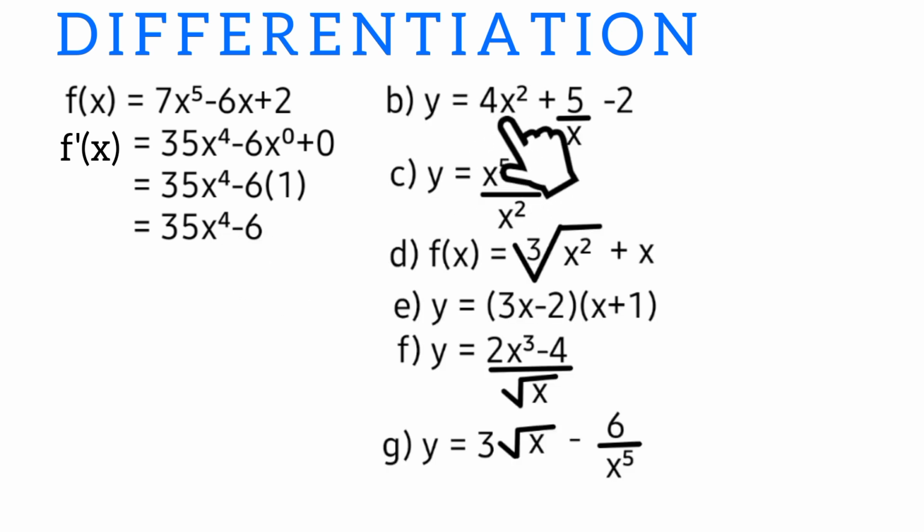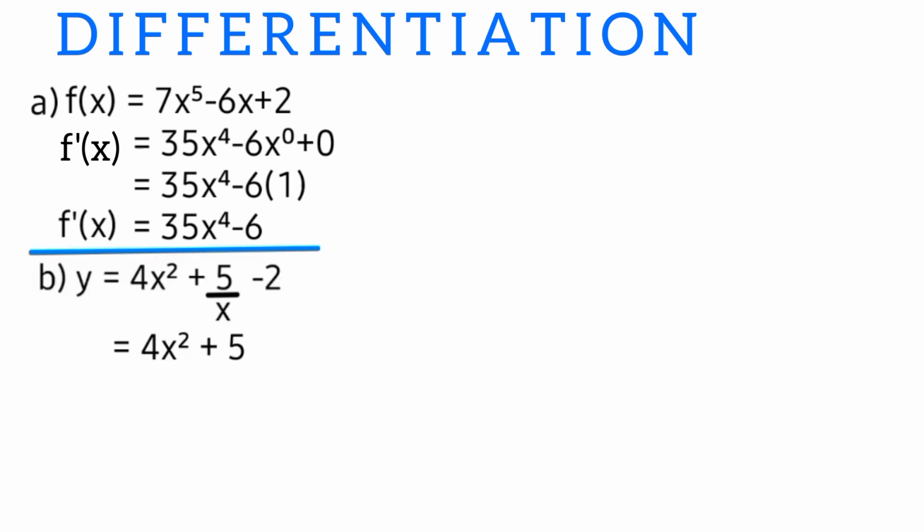B says we should differentiate 4x squared plus 5 over x minus 2. So we have 4x squared plus 5 over x. The power of x on the denominator level here is 1. So taking this x to the numerator becomes x raised to the power of minus 1, and then minus 2.